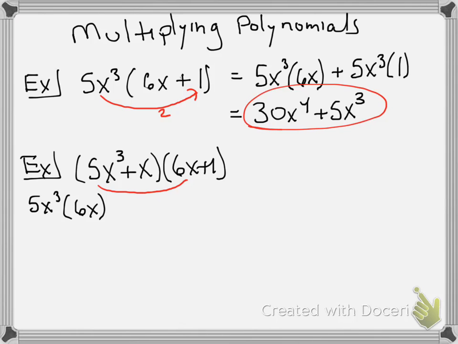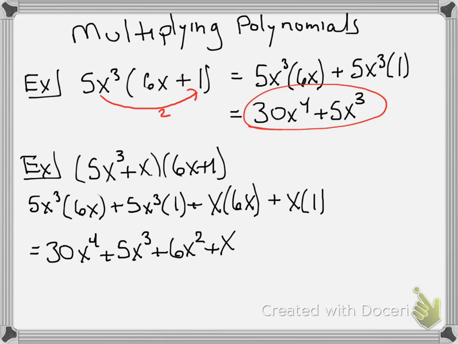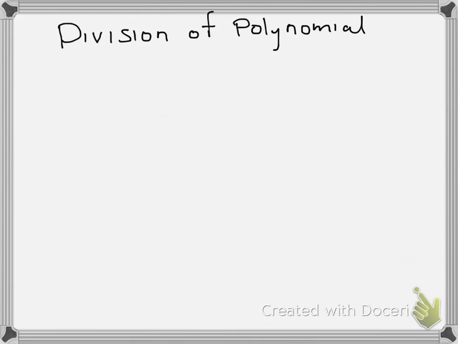So first is 5x cubed times 6x. Then it's 5x cubed times 1, plus x times 6x, plus x times 1. And if we had more terms, then we would end up with more terms in here. Do that multiplication. I'm going to skip over that part; we're not going to worry about that too much.